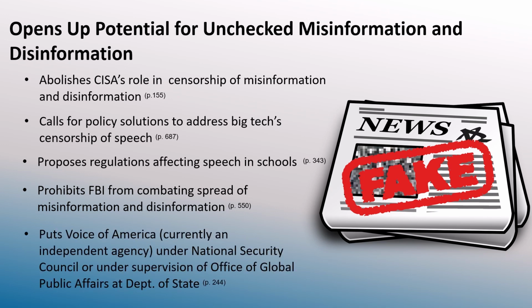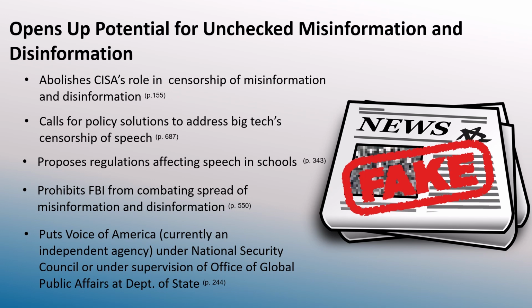Finally, it puts the Voice of America, which is currently an independent agency, under the National Security Council or under supervision of the Office of Global Public Affairs at the State Department. As mentioned earlier, the authors of Project 2025 are not in support of independent agencies. The Voice of America is an international broadcaster.